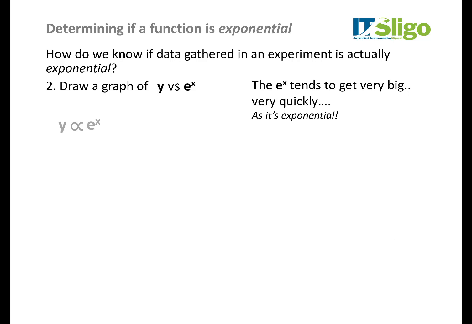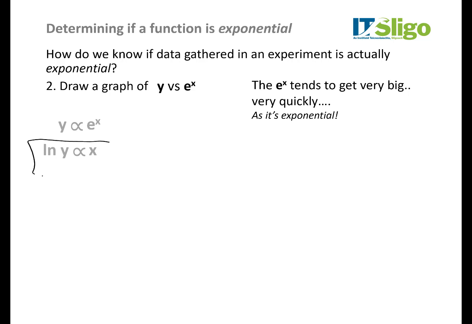So we take a little sidestep. We're trying to determine, is y proportional to e to the power of x? We could get the natural log of both sides. And now we'll have the natural log of y. The proportional sign acts the exact same as an equal sign. When we get the natural log of e to the power of x, we just have x.